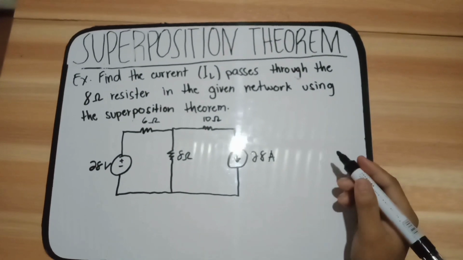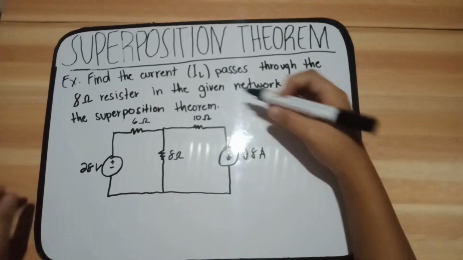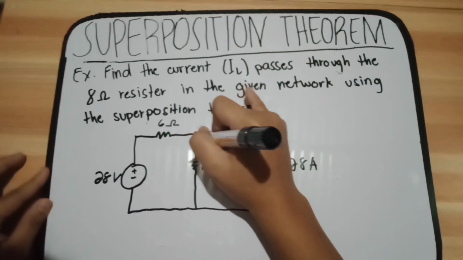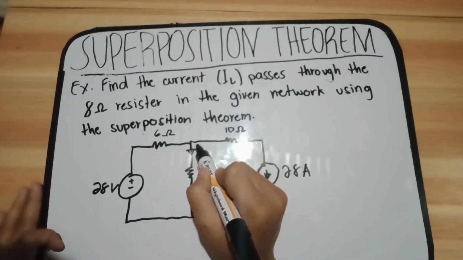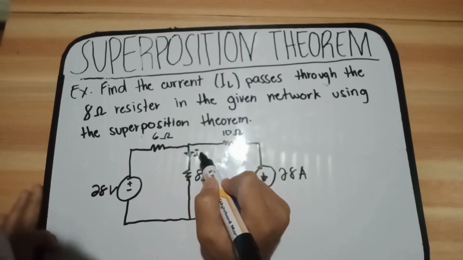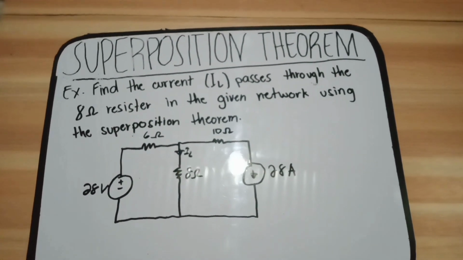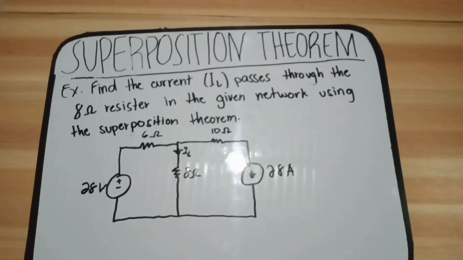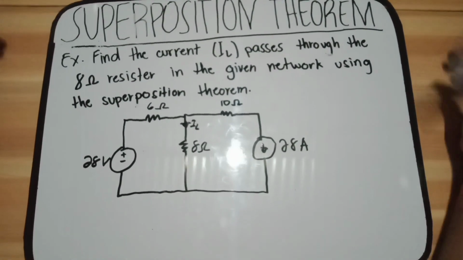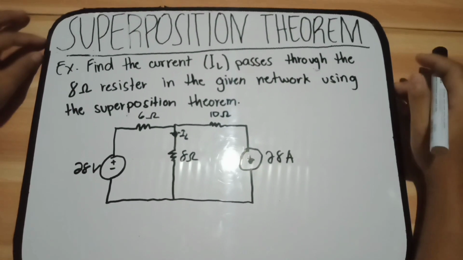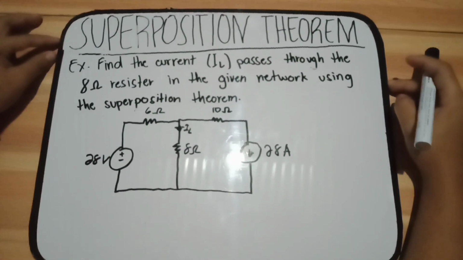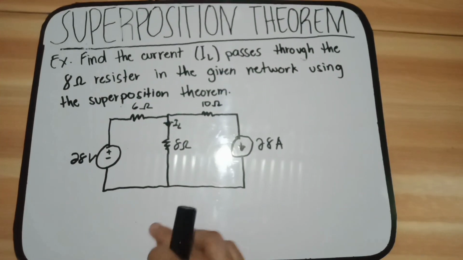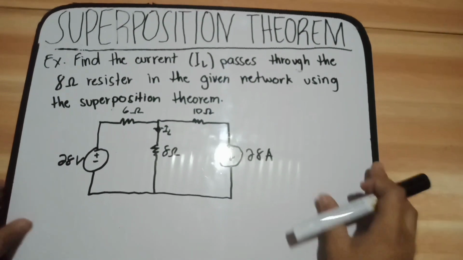So, ang hinahanap naman natin ngayon is IL. Nandito ang IL. So, ang hanapin natin ngayon is find the current IL passes through the 8 ohms resistor in the given network using the superposition theorem. So, ito yung maging problem natin.